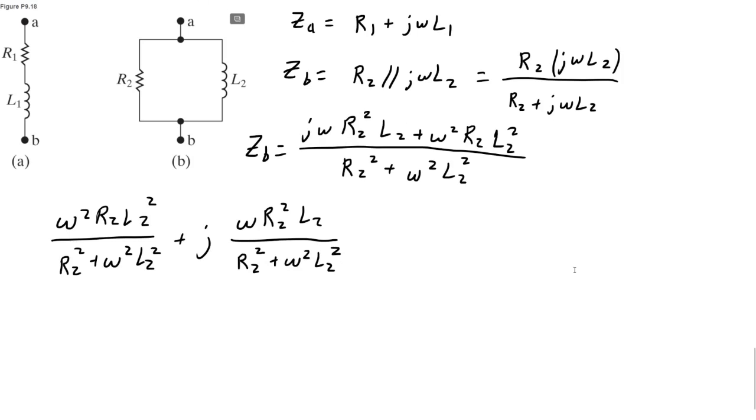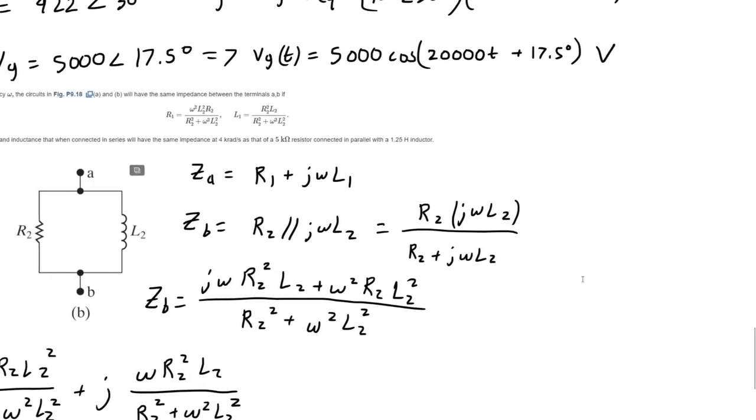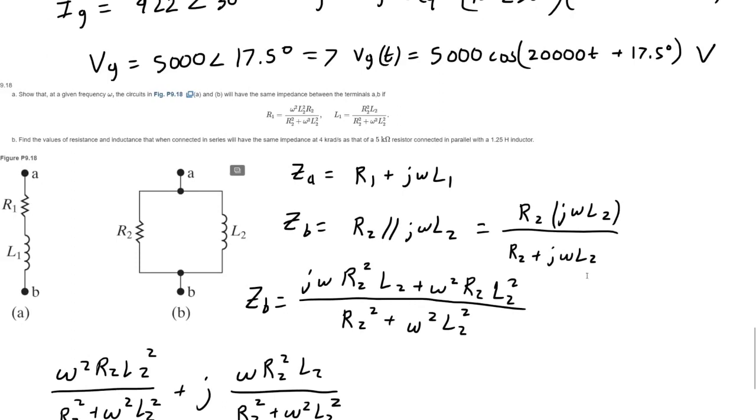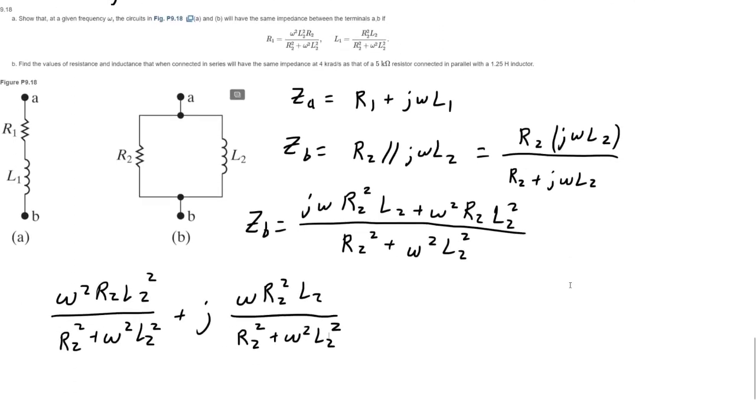So if we go ahead and compare the expression we have at the beginning, the expression we have at the end, you can see that ZB and R1, L1, they're the same at a given frequency, not every frequency, but a given one in this problem.